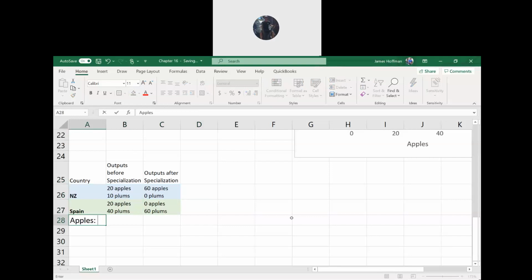So for apples, after the specialization we have 60 apples, right, from just New Zealand specializing. Initially we had 20 from New Zealand and 20 from Spain. So that's 20 plus 20, which is 40.